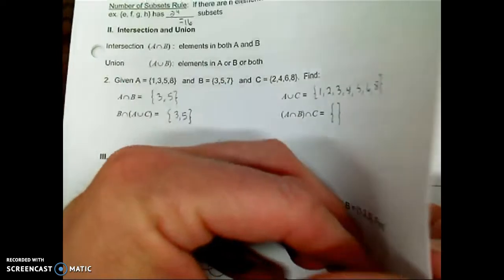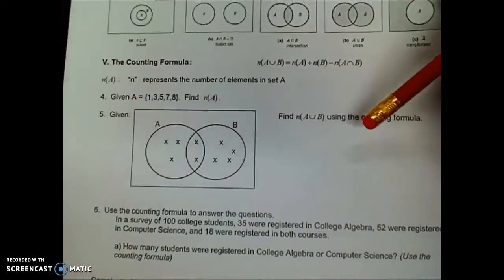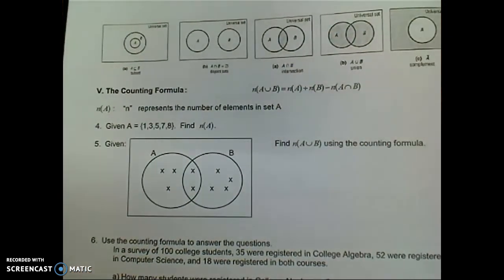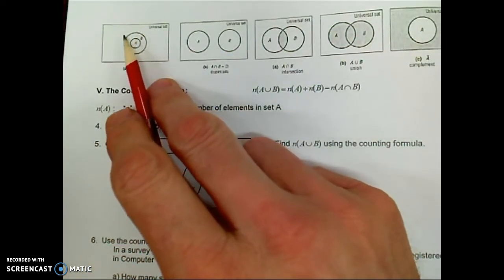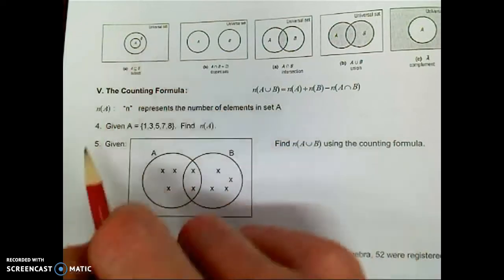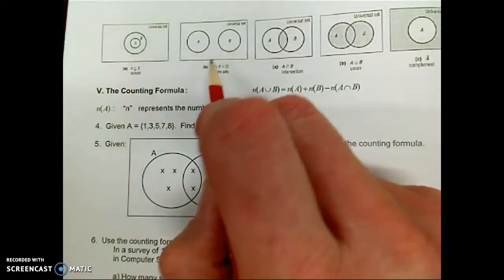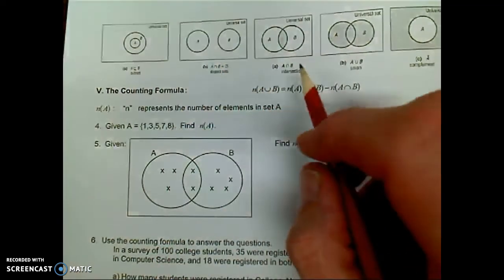Okay, let's move on. We're going to take a look at Venn diagrams as they relate to sets. You're familiar with the concept of a Venn diagram of overlapping circles. If the entire circle exists inside another circle, then A would be a subset of B. If there's no overlap whatsoever, we have the empty set, which are known as disjoint sets.